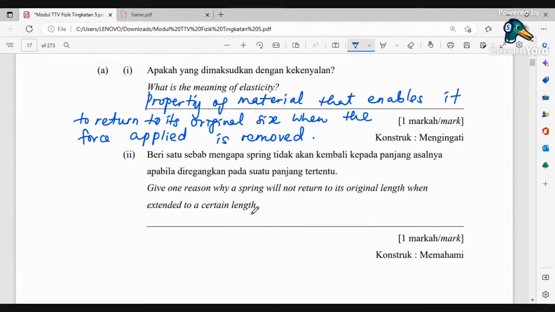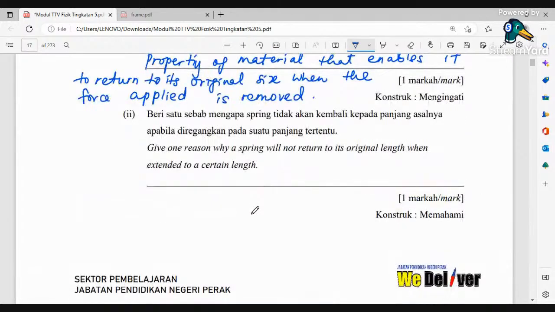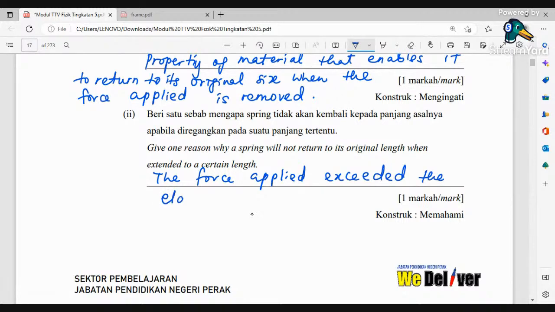Kena lihat limit juga. Okay, the force applied exceeded elastic limit of the spring.